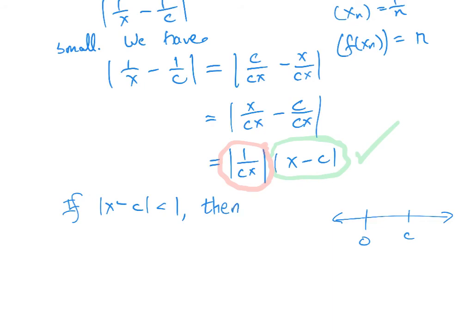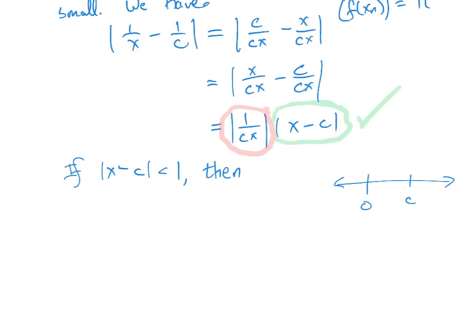Okay, so if x is within 1 of c, then the absolute value of x is at most the absolute value of c plus 1. Right? Is that a good bet? Shouldn't we use that absolute value of x is greater than the absolute value of c minus 1? So when we do the reciprocals, we get what we want? Yep.